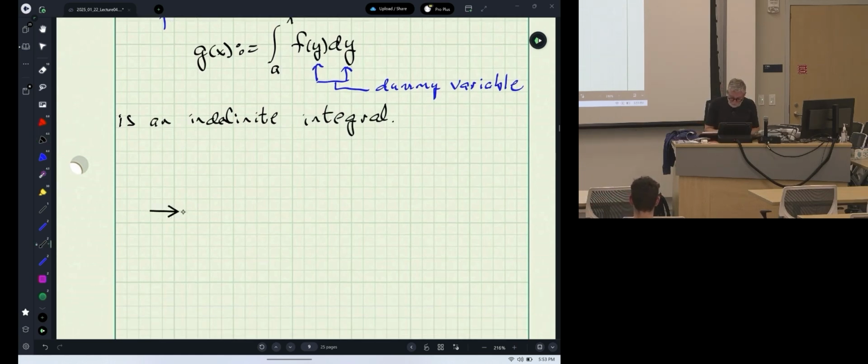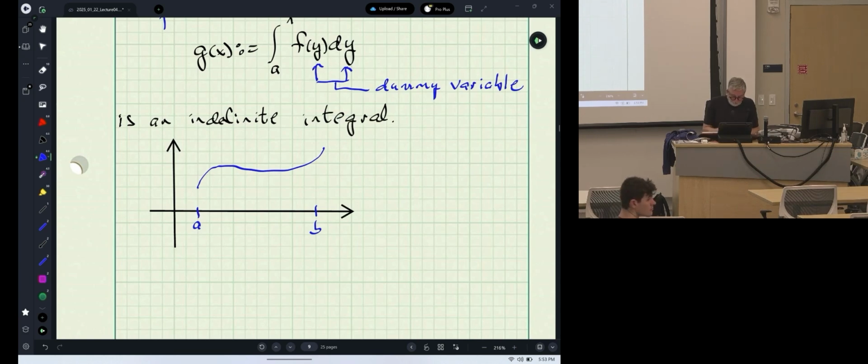Okay, so physically, what is it doing? All it's doing is computing the area under the curve.